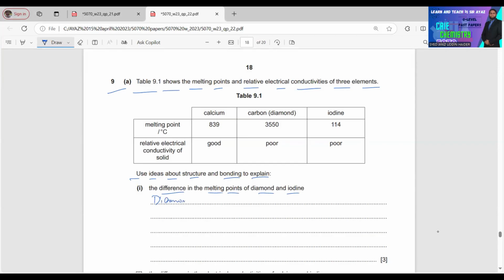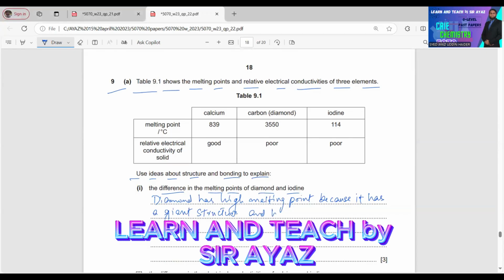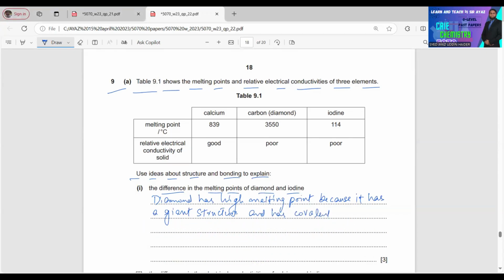Diamond has a high melting point because it has a giant structure and has covalent bonding between all the atoms.